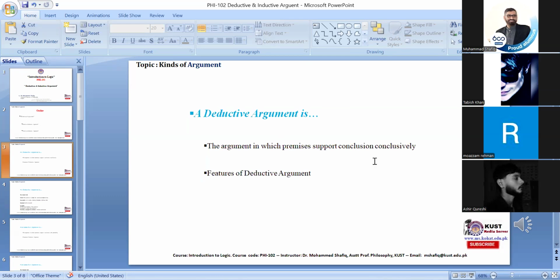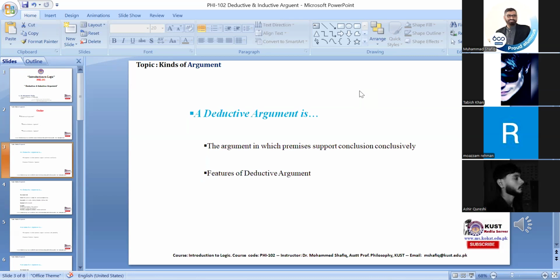Now, this expression needs to be understood because it is the key to understand the whole division between deductive and inductive argument. Deductive arguments are those arguments in which premises support conclusion conclusively. Now, what does it mean?